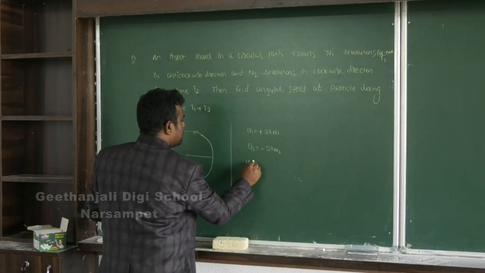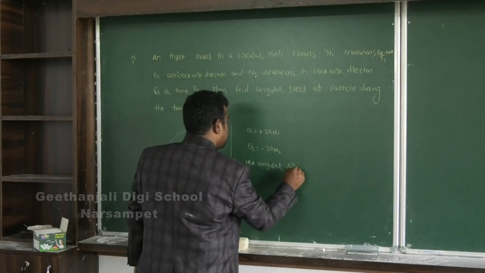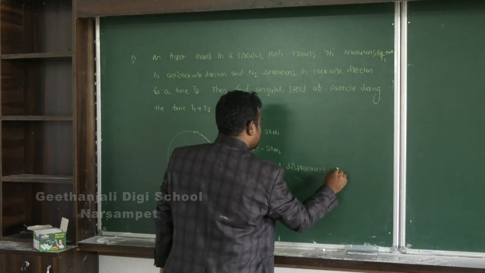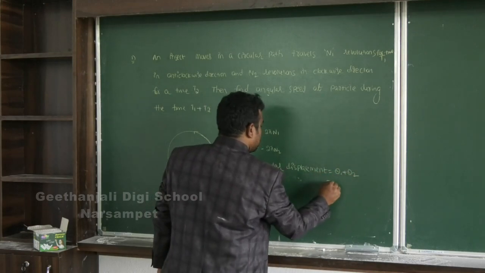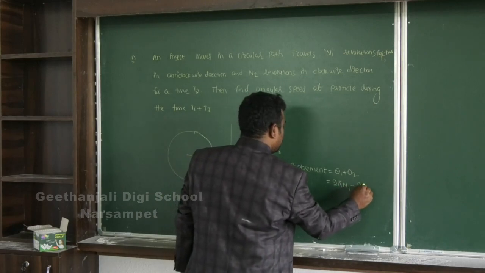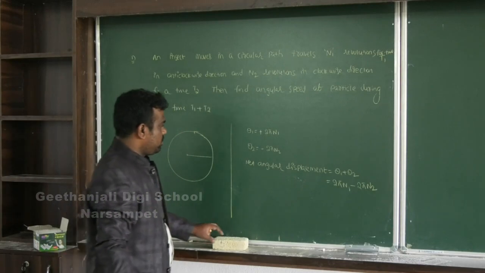Now the net angular displacement is equal to theta 1 plus theta 2, that is equal to 2 pi n1 minus 2 pi n2.